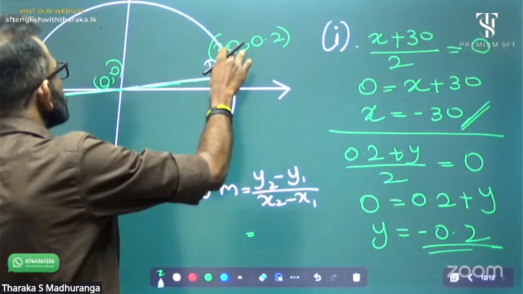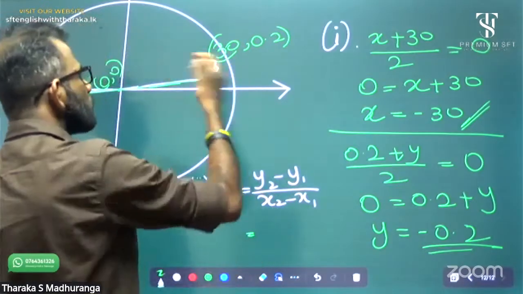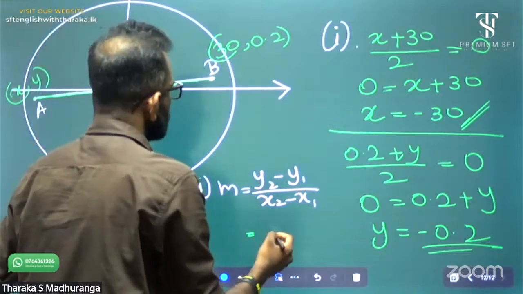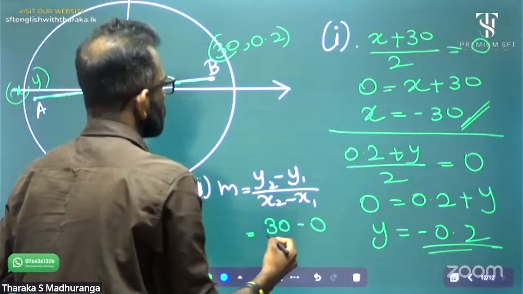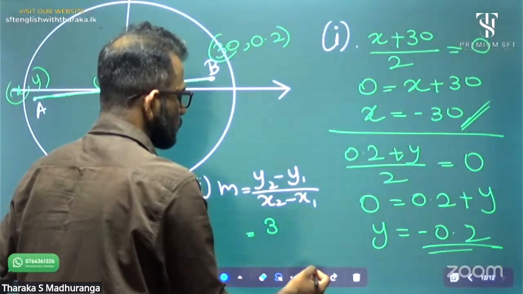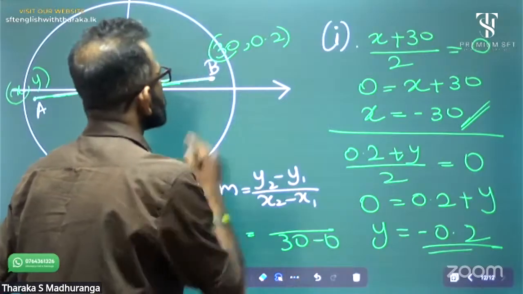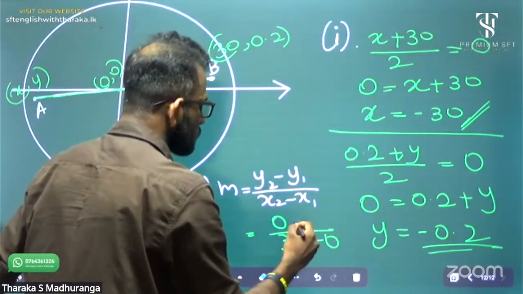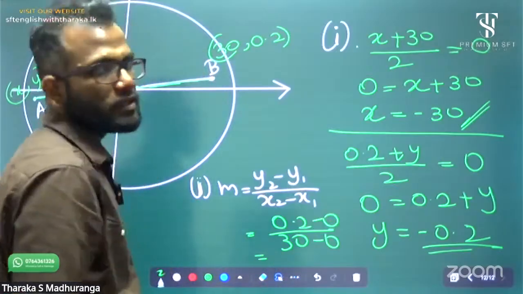For x, 30 minus 0, and for y, 0.2 minus 0. Then it is 0.2 over 30, the gradient.